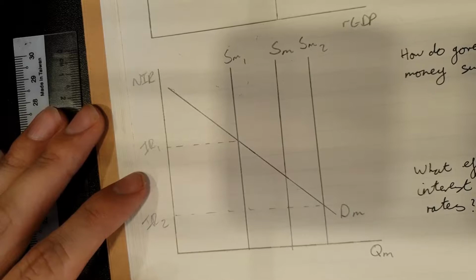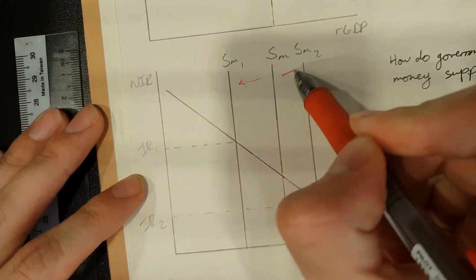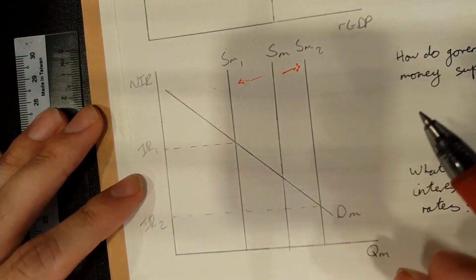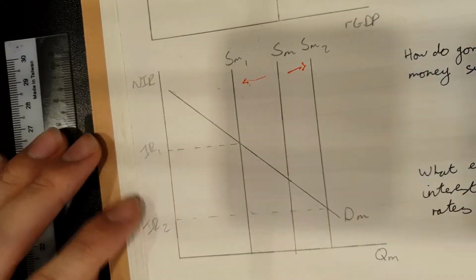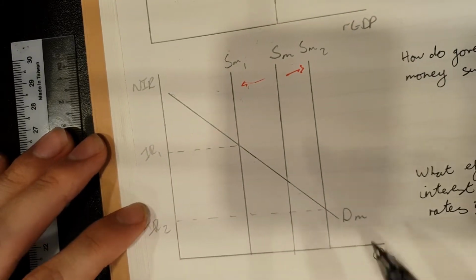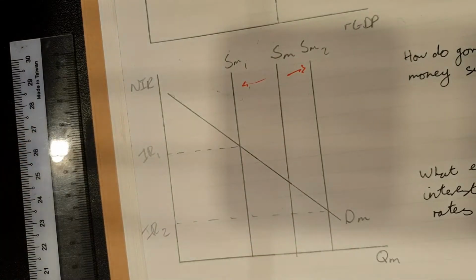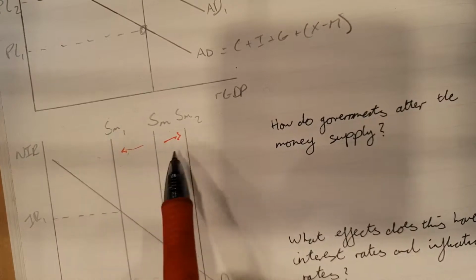And you can clearly see that shifting the money supply, either constricting it or expanding it, has an effect on the interest rate. So restricting it increases interest rates. That means it discourages loans and encourages saving, and increasing it lowers the interest rate, which means it encourages loans and discourages savings. But how do governments actually make this process happen to control interest rates?